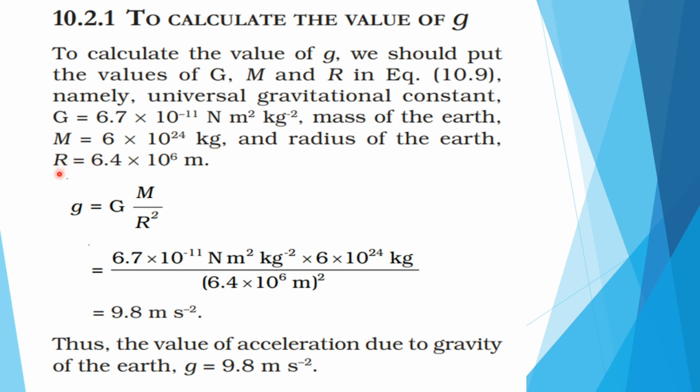Radius of the earth is denoted by capital R is equal to 6.4 into 10 raised to 6 meter. So putting the values in this formula, g is equal to G M upon R square. Substituting the values, we will get the answer as 9.8 meter per second square. Thus the value of acceleration due to gravity of the earth is equal to 9.8 meter per second square.